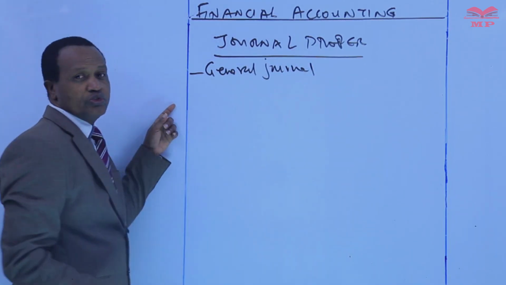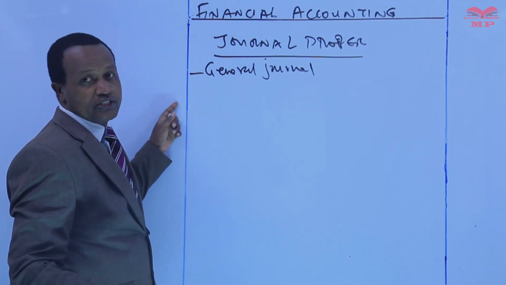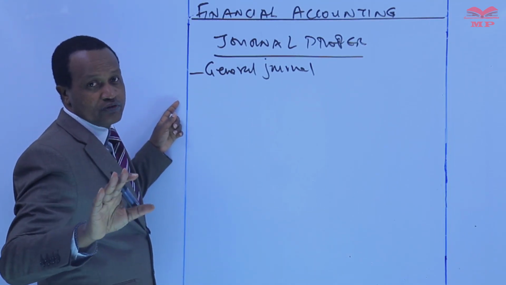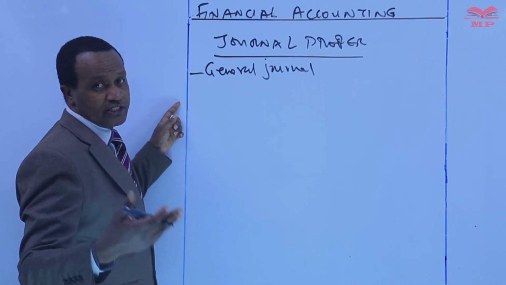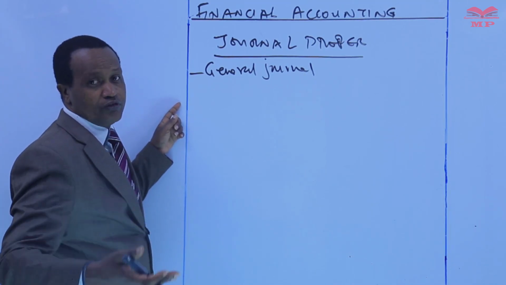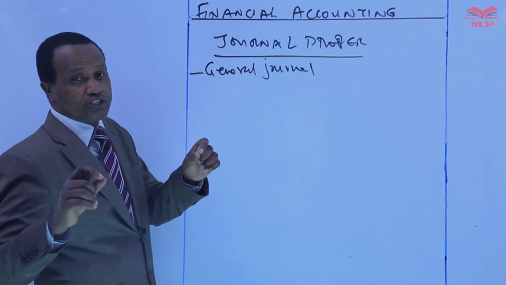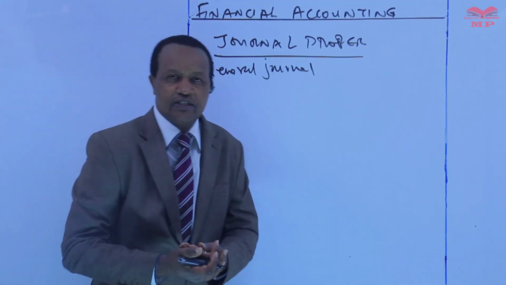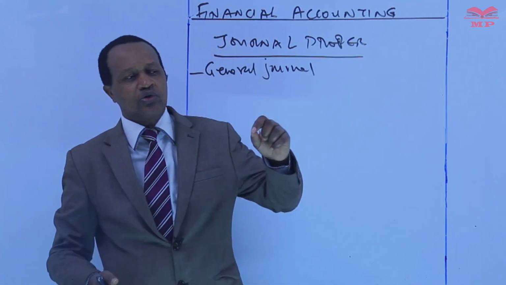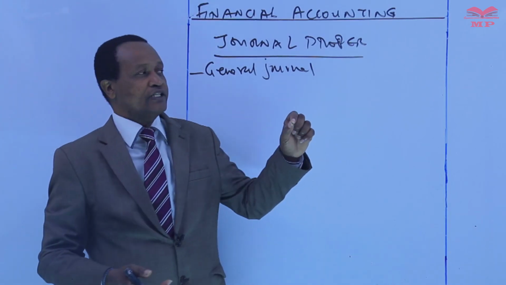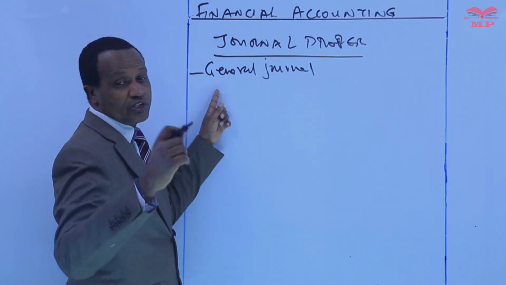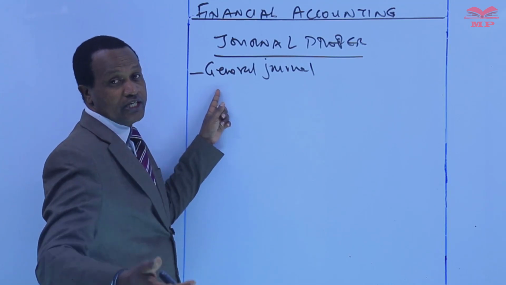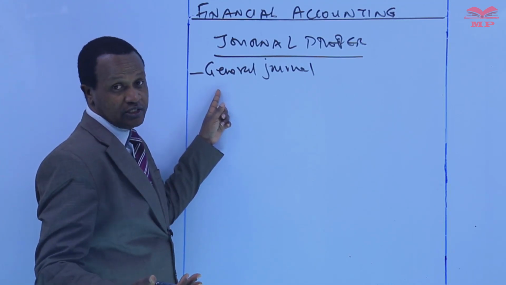The general journal is a crucial component of the accounting system, and it is essentially a book of original entry where various financial transactions are recorded in chronological order. Now we use the journal proper to record those transactions that are not recorded in the other day books that we've learned about.